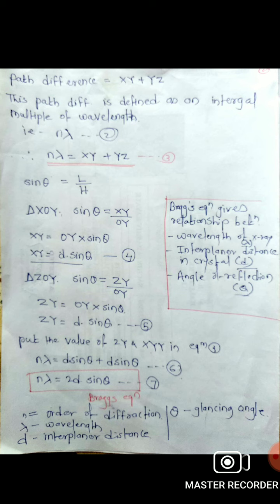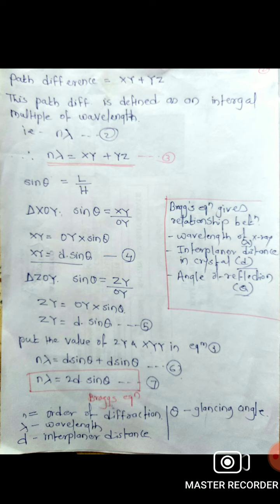Then we see the equation for sin theta. Sin theta is equal to length of perpendicular arm upon the hypotenuse. L for the length of perpendicular arm and H for the hypotenuse. That is for the first triangle XOY.